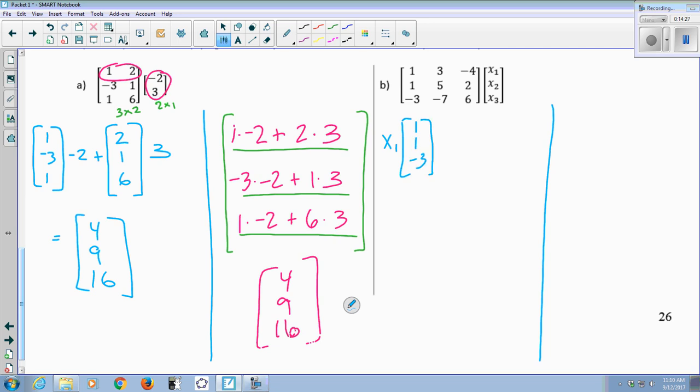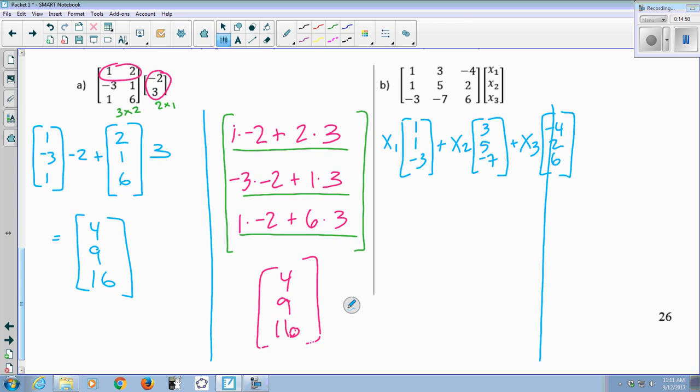You'll notice that I sort of vary where I put the constant. You can put it before the vector or after the vector. It's just multiplication, so you can go either way. Put it wherever you like it. Plus x2 times 3, 5, negative 7, plus x3 times negative 4, 2, 6.